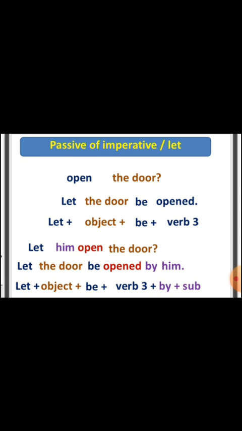Open is the first form, and opened is the third form of the verb. Let the door be opened by him. Let, then the object, then be, then the third form of the verb, by, and then the subject.